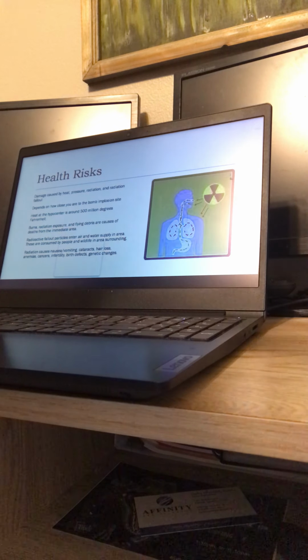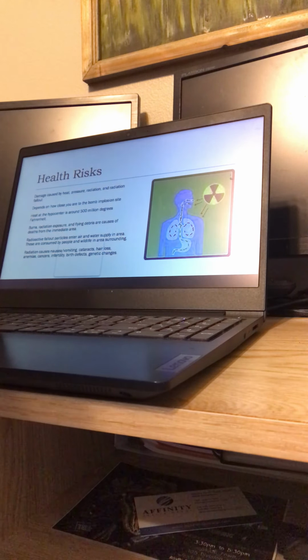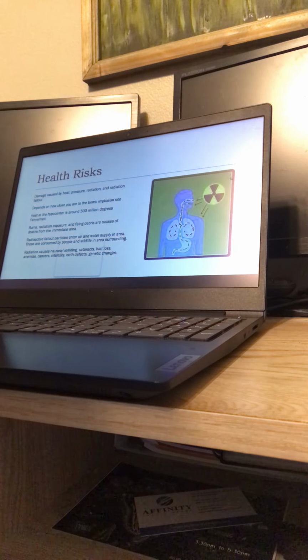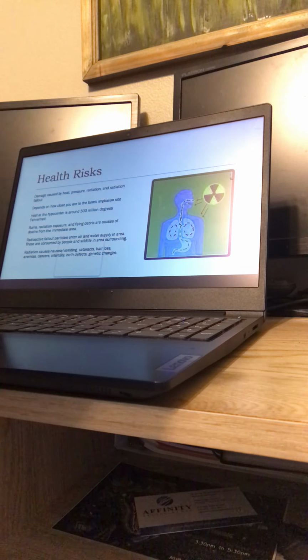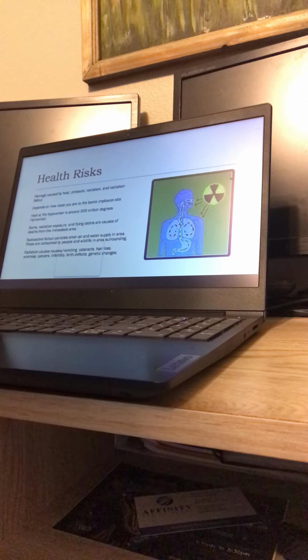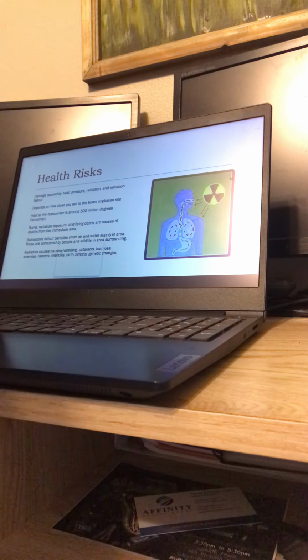If you're out further, you may survive, but ultimately you'll have a slow death because of the radioactive particles. The fallout particles enter the air and the water supply in the area, and they're consumed by the people and the wildlife in the area. And so we can get nausea, vomiting, cataracts, hair loss, anemias, cancers, infertility, birth defects, and genetic changes from the radiation.